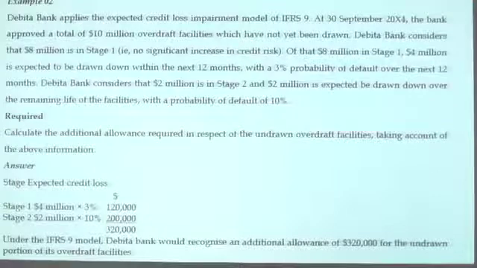Of that 8 million in stage 1, 4 million is expected to be drawn within the next 12 months. Out of the entire OD, 8 million is in stage 1, but the customer will utilize only 4 million of this 8. If it is in stage 1, you recognize only the 12-month loss. In the next 12 months, they are going to utilize only 4 million.